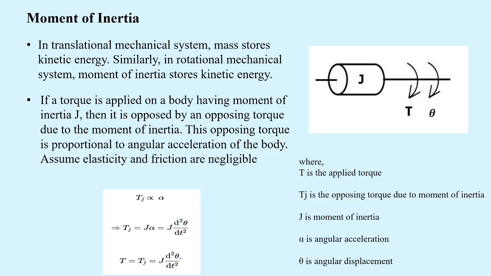Therefore, the formula is T equal to J into d2 theta by dt square, where theta is the angular displacement. This is the moment of inertia, torque, and angular displacement along the rotational system.